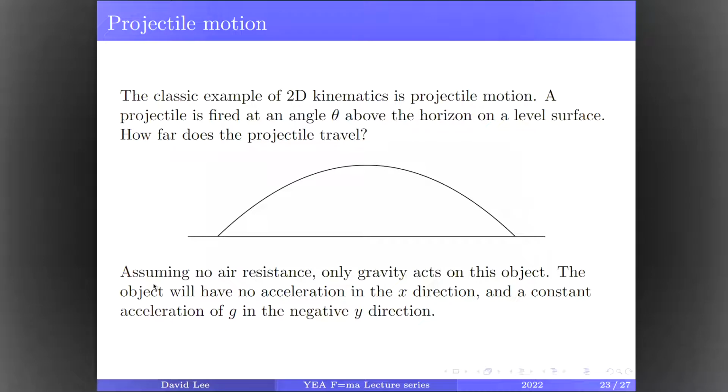We'll learn about forces later, but that just means the projectile will continue in the x direction at a constant velocity, so there's no acceleration in the x direction. And in the y direction, it's just gravity, so there's a constant acceleration of g downwards.